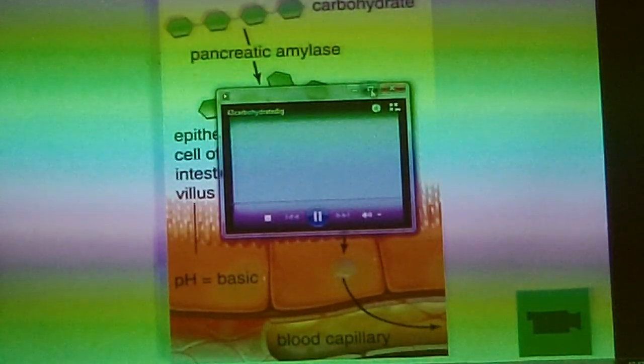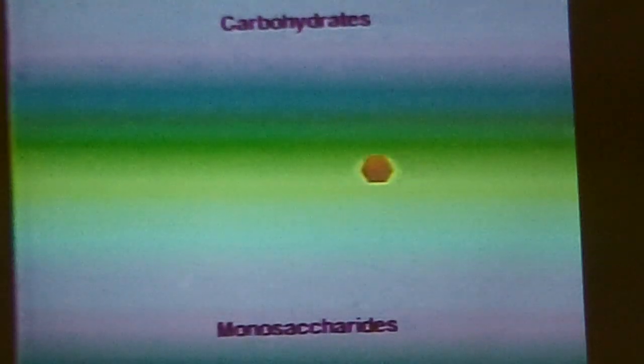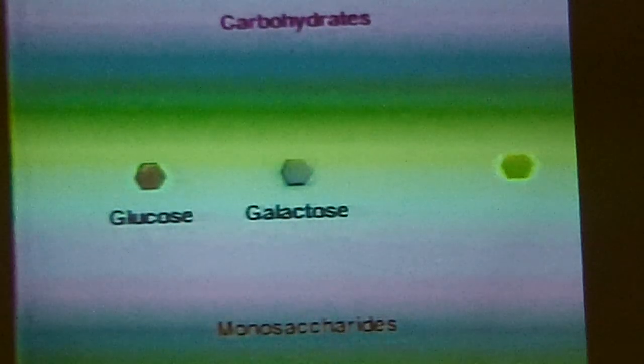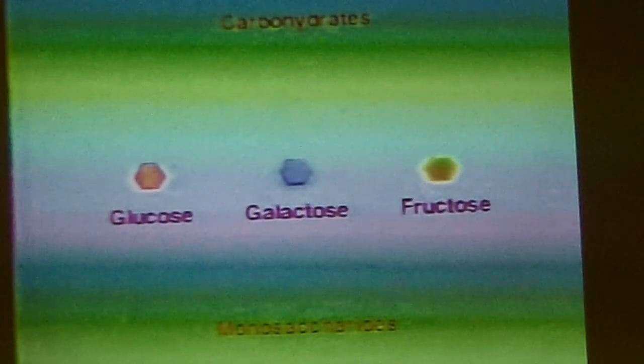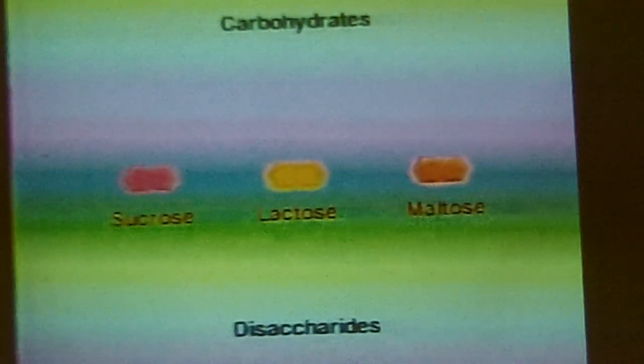carbohydrates are digested. Carbohydrates are an important source of building materials and energy for the body. 3 classes of carbohydrates are commonly ingested as food. They are monosaccharides, such as glucose, galactose, and fructose. Disaccharides, such as sucrose, lactose, and maltose.